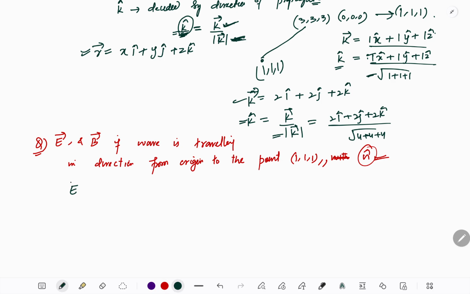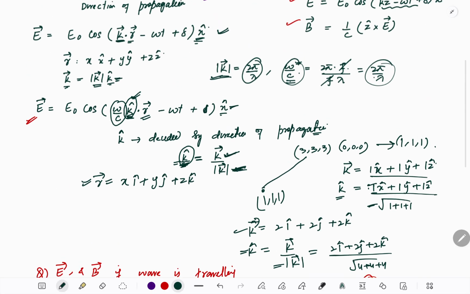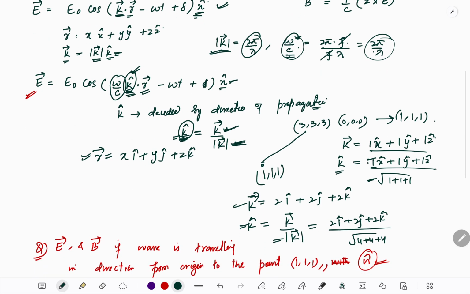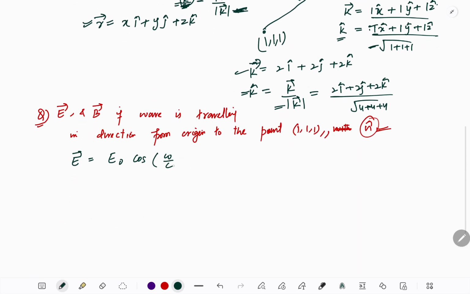So how to write the electric field? Electric field is E naught cos of (no need to write k dot r directly, or you can go from the k dot r, but then you have to write this equation) so write directly omega by c k cap dot r vector minus omega t plus delta, n cap. Now this k cap we have to find. K cap is the k vector divided by the magnitude of the k vector. We find the k vector from the origin 0 0 0 to 1 1 1.